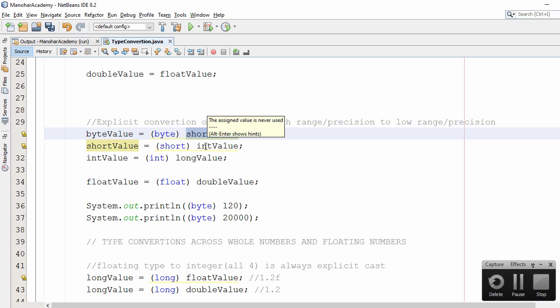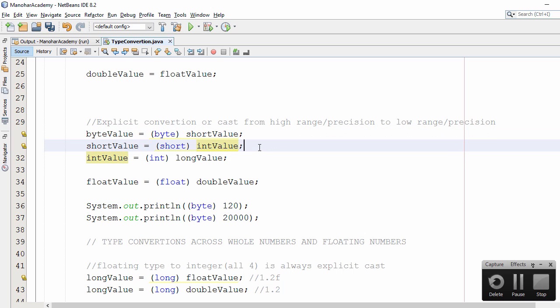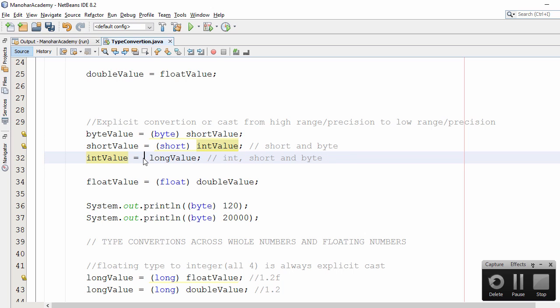Similarly, you have to explicitly convert from int to short and byte. If you are assigning long, then you have to explicitly convert it to int, short, and byte. If there is no explicit conversion like this, the compiler is going to give you a compilation error. It's saying possible lossy conversion from long to int. Obviously, long can hold a value of 20 billion, but it cannot be held in integer.